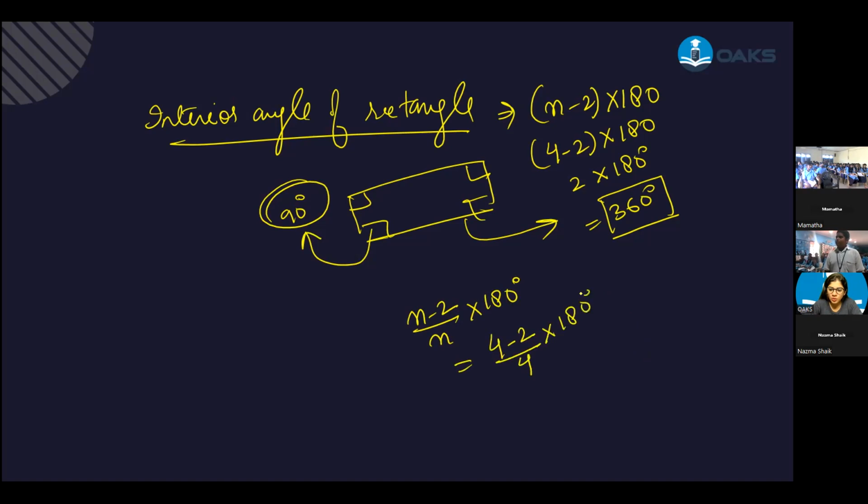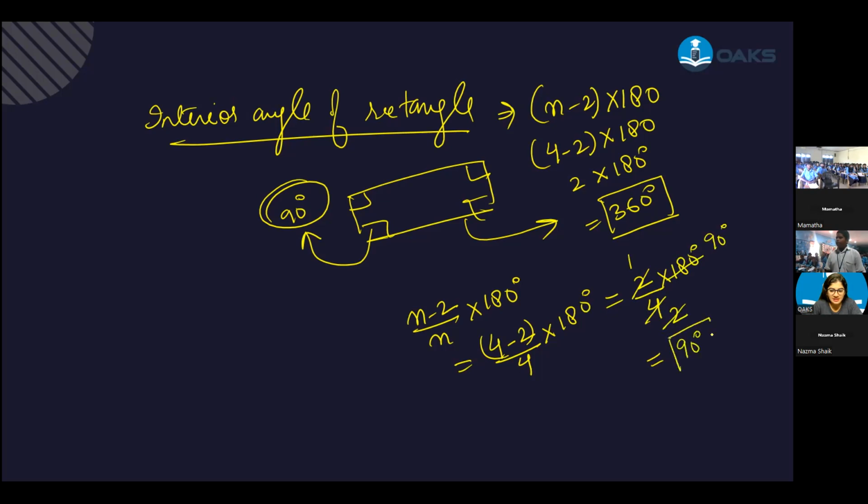Okay. Now what will be the next step? What is the answer here? 4 minus 2 is 2, divided by 4 into 180, right? Let's solve it. This is 1, this is 2. And what is the answer? See, I can cut it like this, right?